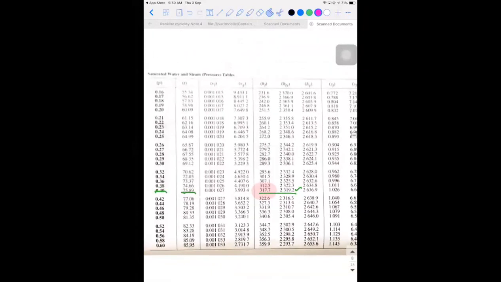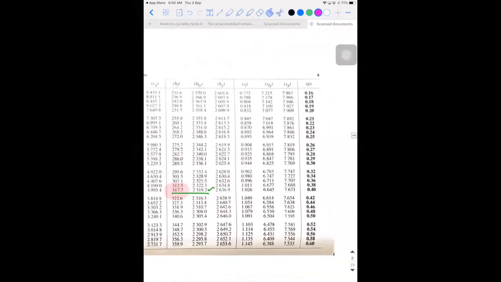So we are here at P2 pressure. This is the P2. That's why let us record the corresponding SF2 and SFG2. So they are the corresponding values. 1.026 is the SF2 and this is SFG2.